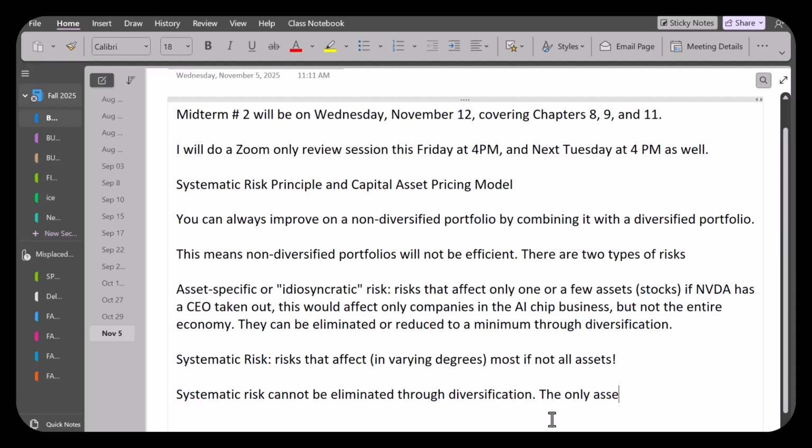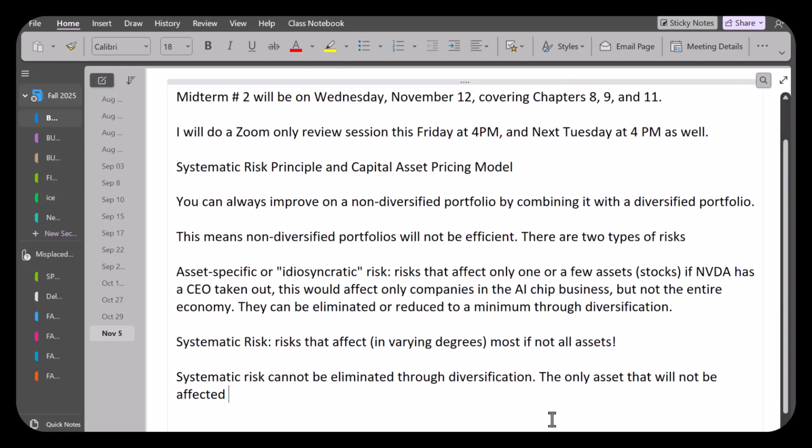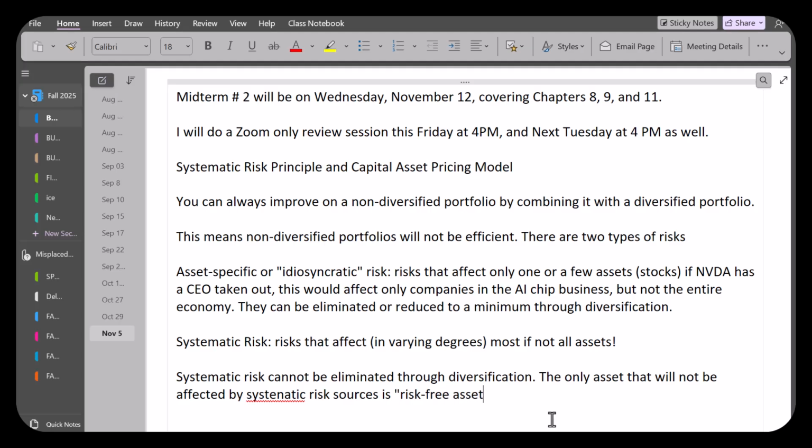The only asset that will not be affected by systematic risk sources is the so-called risk-free asset, such as very short-term treasury bills.